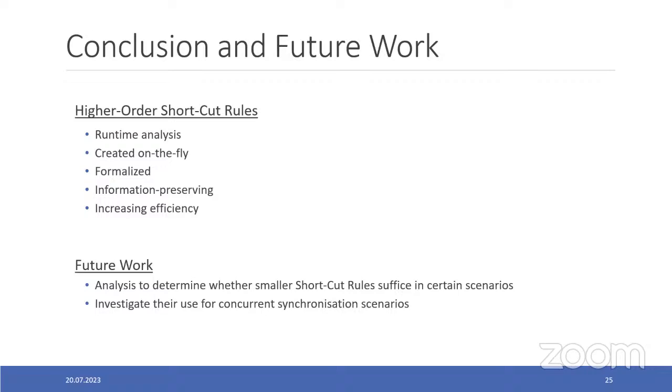So I guess you would first identify the conflict, then ask the user how to solve it, and then, based on what he decides, build a higher order shortcut rule which performs the more or less trivial synchronization task, plus his preferences on how to solve the conflict. Maybe that's something which could be done. But it's more like an open thing. I'm not even sure if that's reasonable. Yeah.